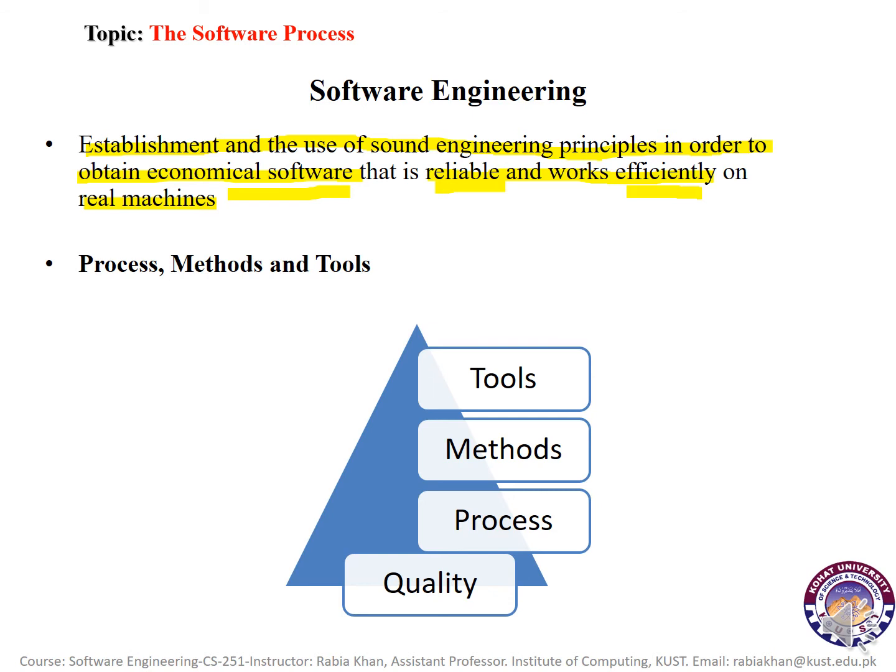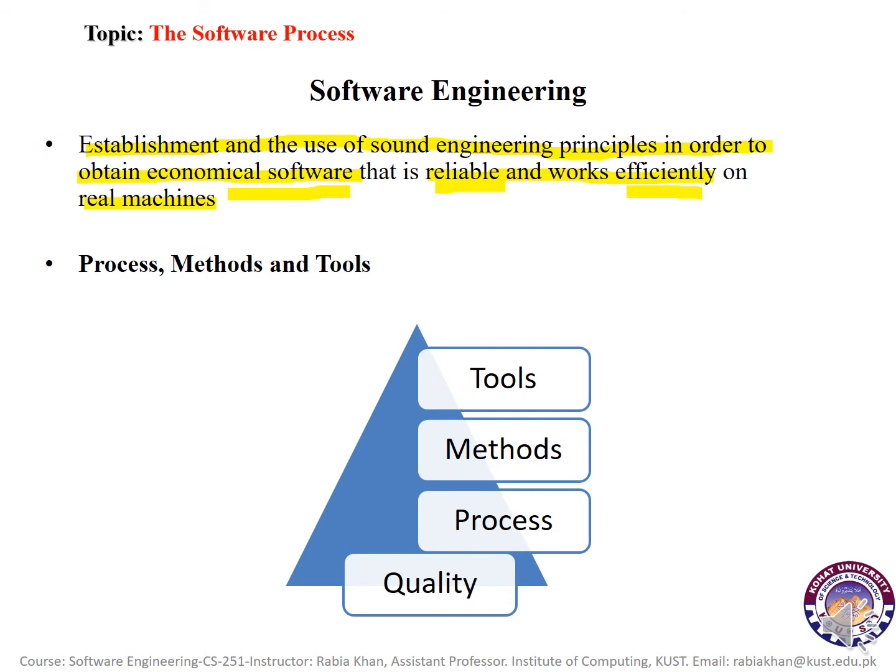Sound engineering principles here means the use of systematic, disciplined and quantifiable approaches for the development, operation and maintenance of software, which means software engineering is the application of engineering to software.